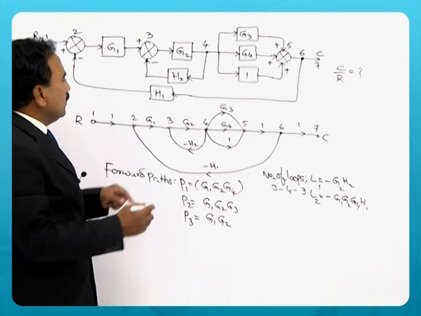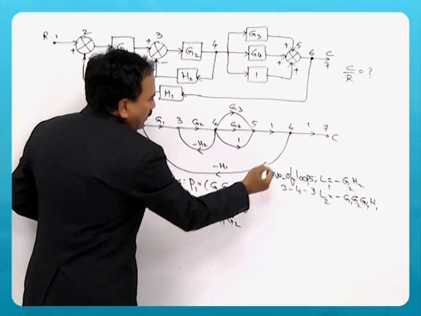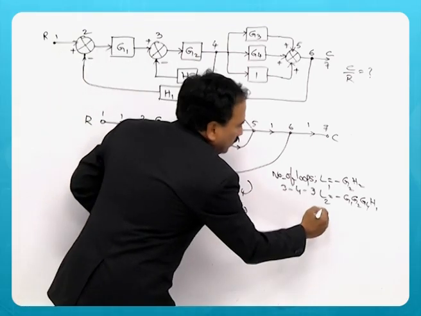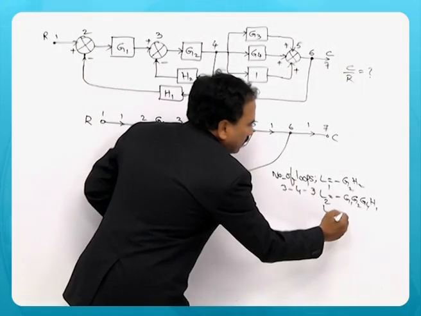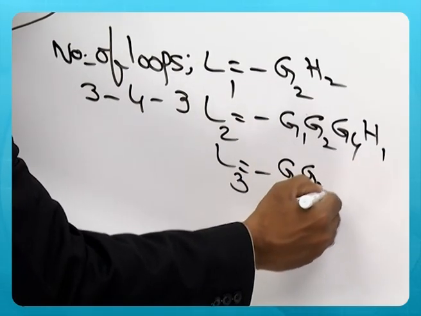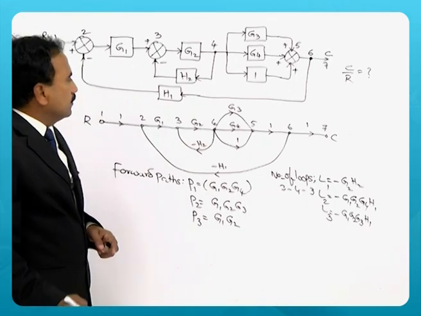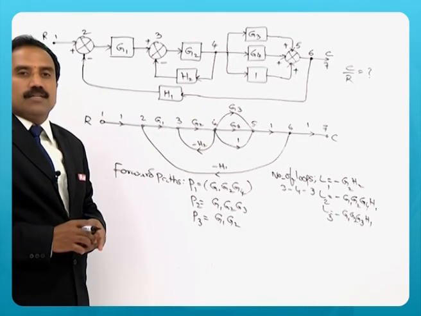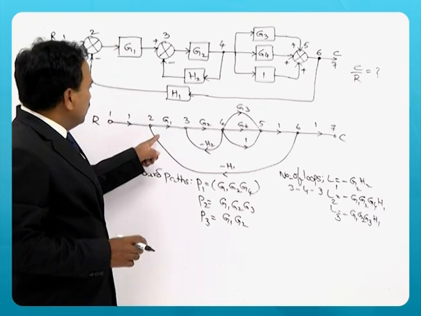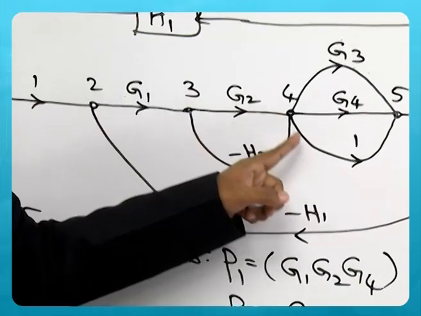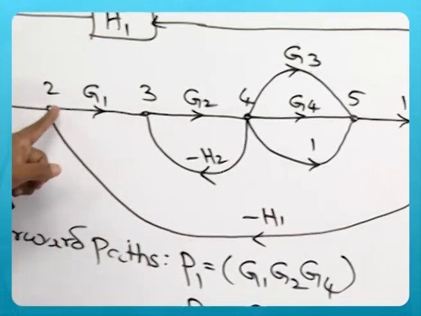Now you can see another loop: G1, G2, G3, then H1. So L3 is again with a minus sign, G1, G2, G3, H1. And you can identify another loop, that is G1, G2, then via 1 back to minus H1.